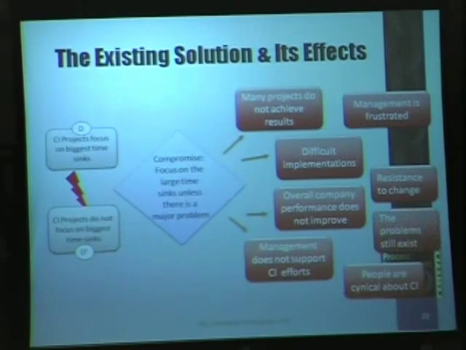Yeah, we tried that, and now we stopped doing that. And lastly, the problems that we set out to solve with our continuous improvement efforts are still there. I've worked with some large and some small companies, and what I find is that the problems they had 5 years ago, many times they still have them.